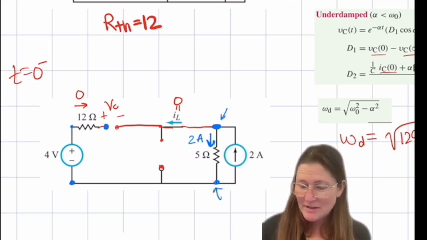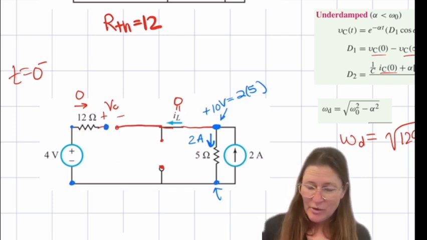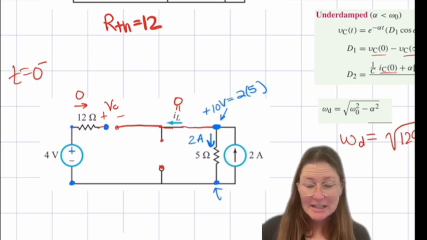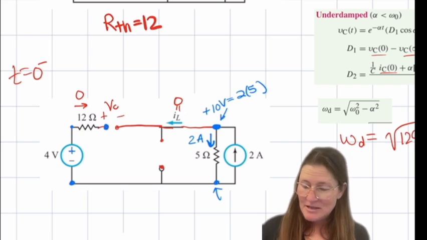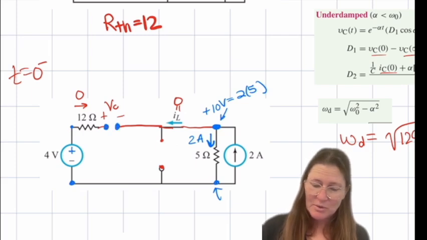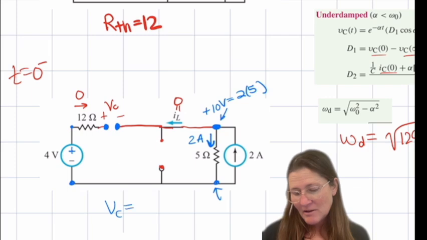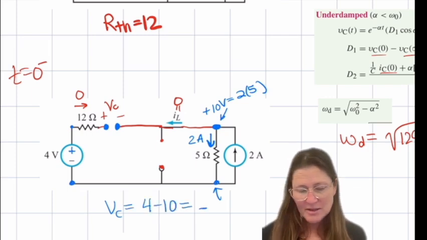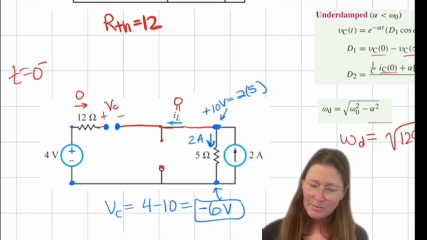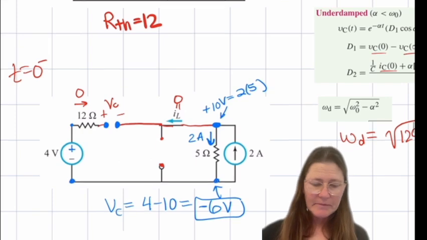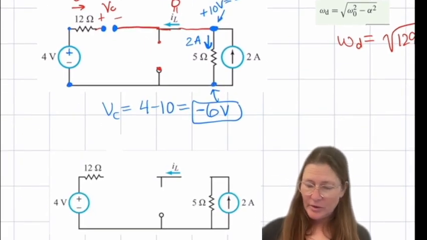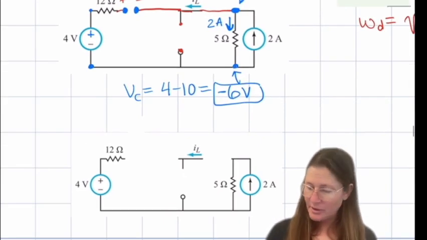This will be 10 volts, 2 times 5. So we have plus 4 and then a minus 10. So if I'm measuring this, I measure plus 4 on one side and then 10 volts on the other side of it. So that's going to be 4 minus 10 for a minus 6 volts. So that's my VC 0. And so these have to stay the same for t equals 0 plus.